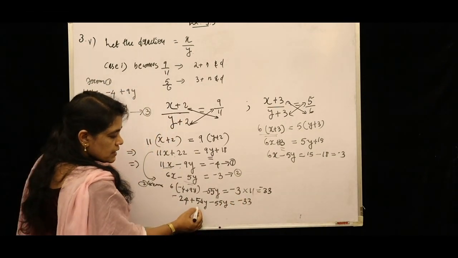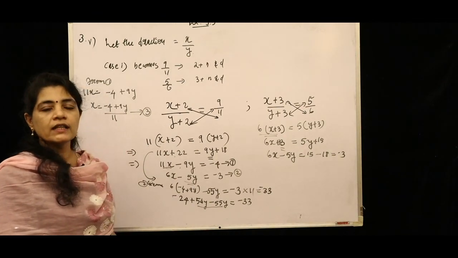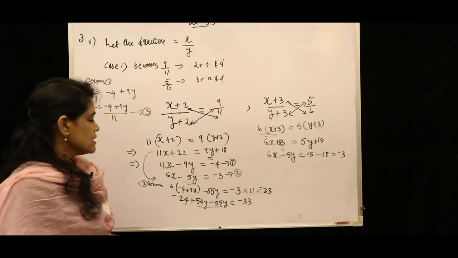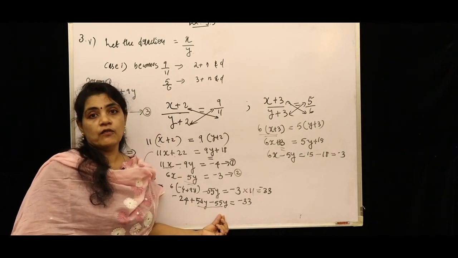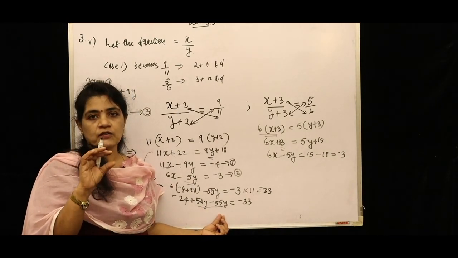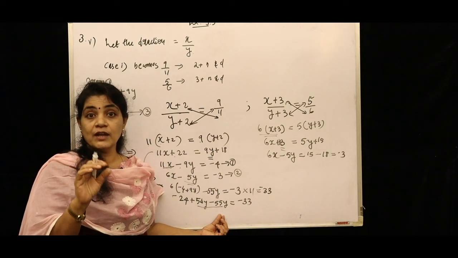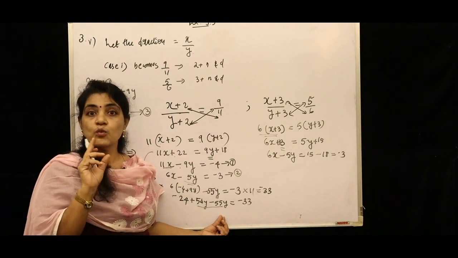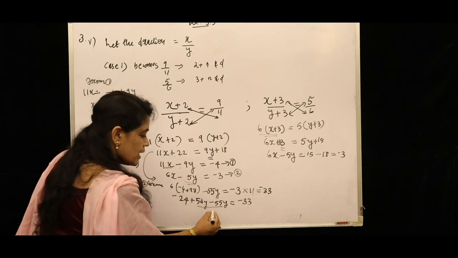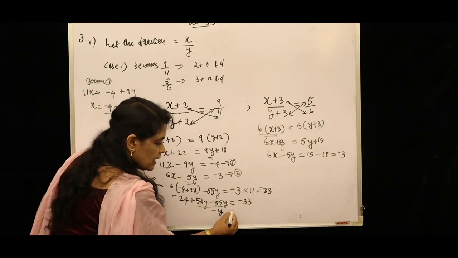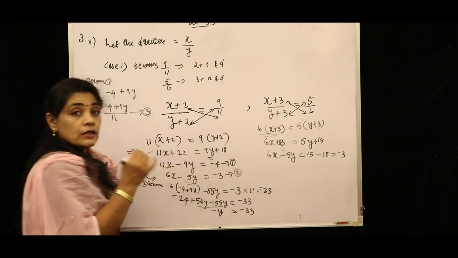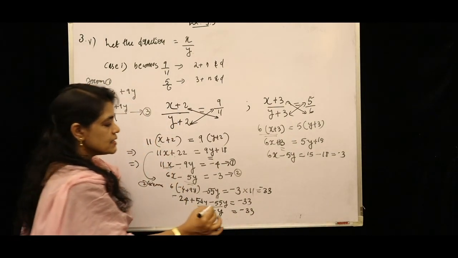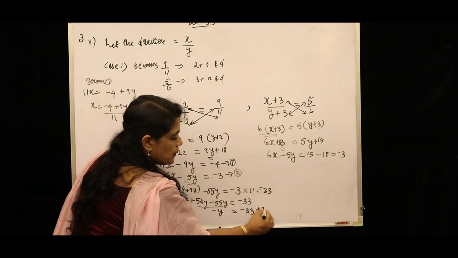Understood? Now see children, here we have two terms in variable y that can be added. That is 54y minus 55y. Okay, so the coefficient 54 minus 55 is minus 1. Minus 1y is simply minus y equal to minus 33, and this minus 24 goes to the RHS as plus 24.